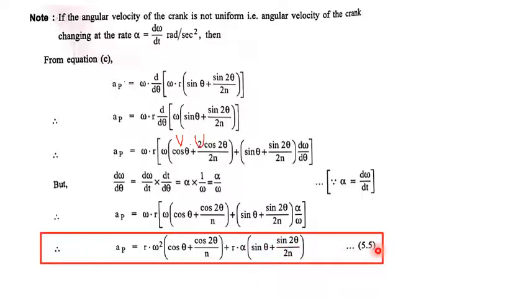Call this equation number 5.5. This is the acceleration equation for the piston when the velocity of the crank is not uniform.